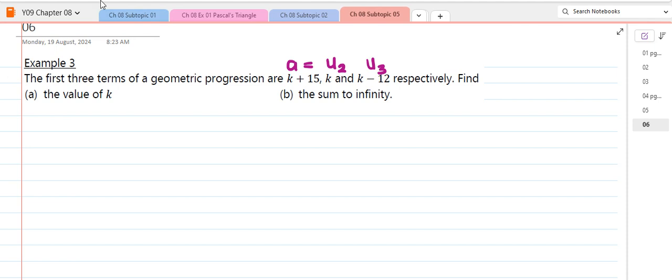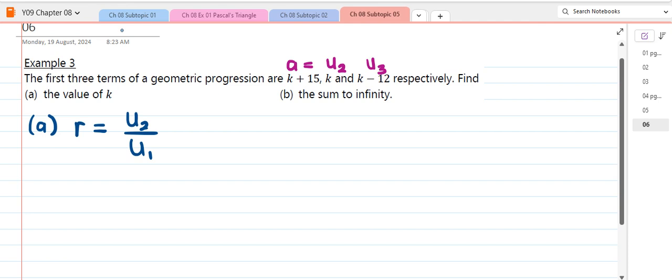One of the ideas that you can use to find the value of k is by using the common ratio r. As you have recognized just now, it is the second term divided by the first term, or the third term divided by the second term. So over here, I will write down u2 over u1, which is your a, or you can also use u3 divided by u2.